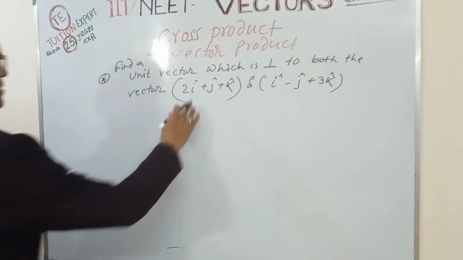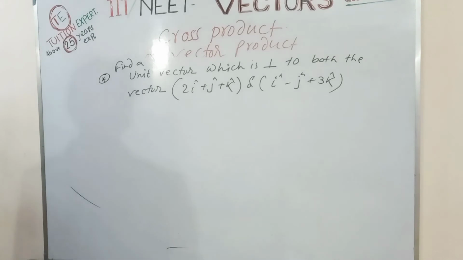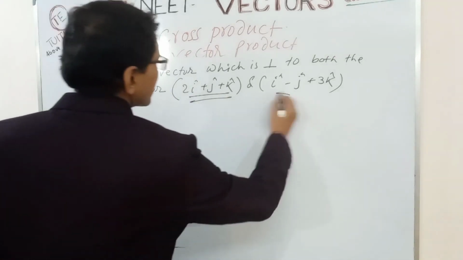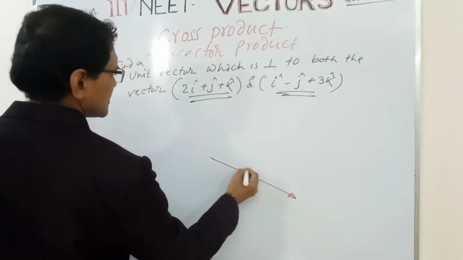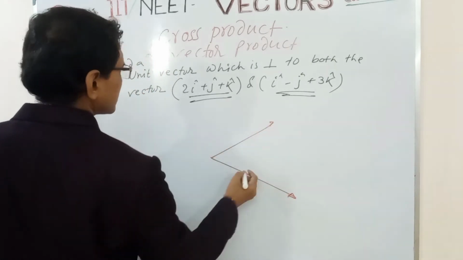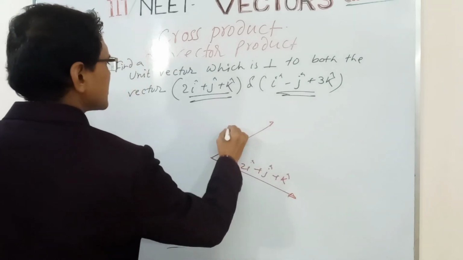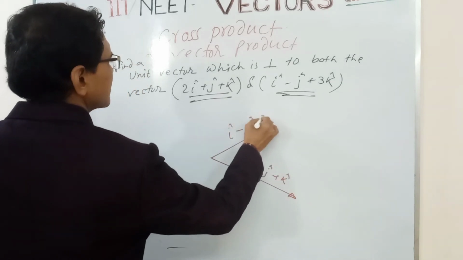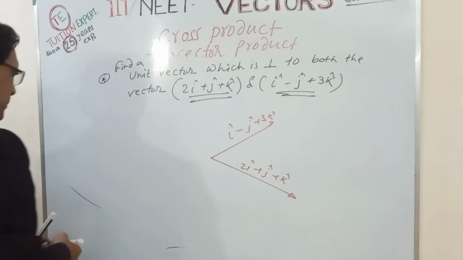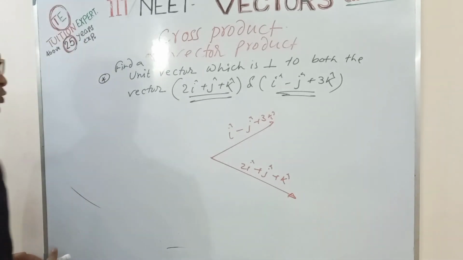Suppose these are two vectors, and you have to determine the unit vector perpendicular to both this vector and this vector. This is vector 2i and this is another vector. Now what is the unit vector perpendicular to both the vectors?